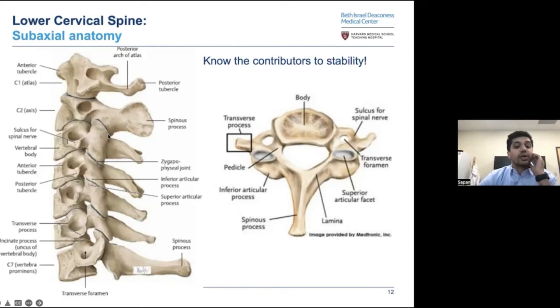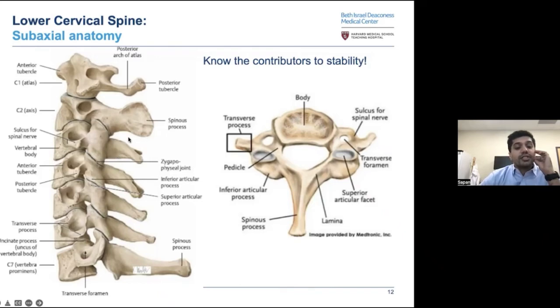The superior articular process of C3 interacts with the inferior articular process of C2, and creates this joint right here. And then it happens again at C3, C4. This block of bone that connects those two facet joints is the lateral mass, okay? It's probably the more stout bone in the cervical spine and why we use that for instrumentation purposes, posterior instrumentation in the cervical spine.